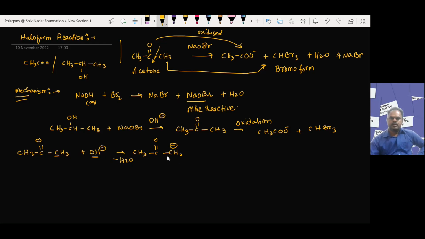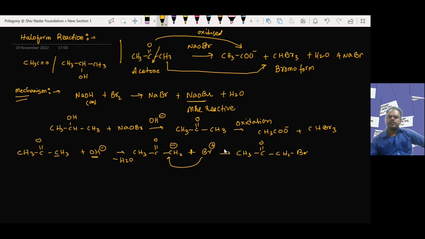Once this CH2 carbanion is formed, it will interact with this hypohalite or sodium hypobromite, because the bromine in the hypohalite has a positive charge. Then this bromine electrophile is added to this carbon, and we get CH2Br.